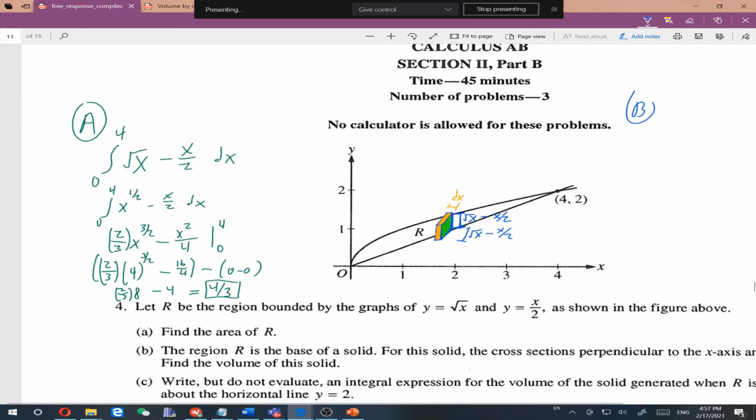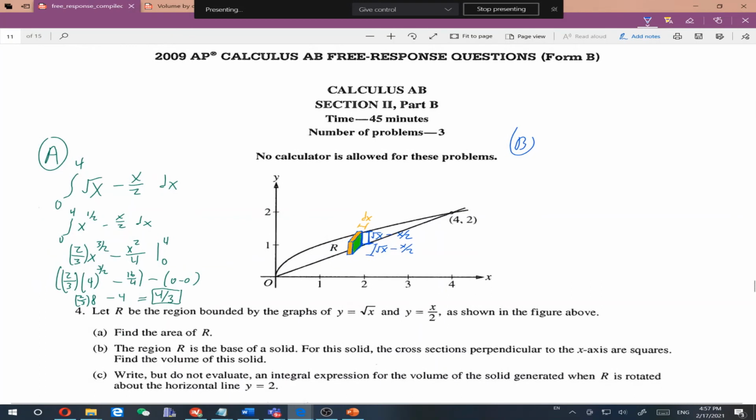If I wanted to write our equation, what will it look like? Is it 2 pi? We're just stacking a bunch of cross sections on top of each other.